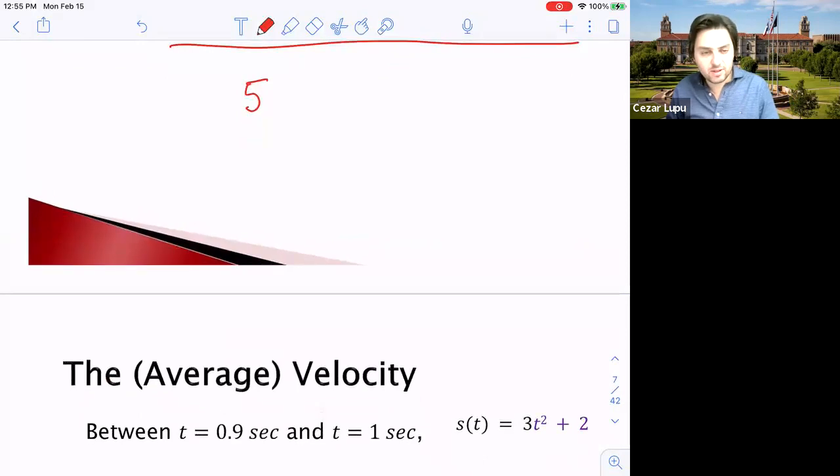Let's do it intuitively first and without bringing any notion of the derivative. So let's look around 1, say between 0.9 seconds and 1 second, so between t equals 0.9 and t equals 1. So the position function is given by s of t equals 3t squared plus 2, right?